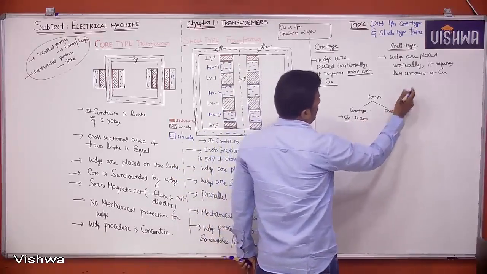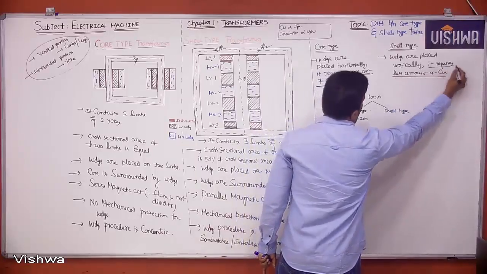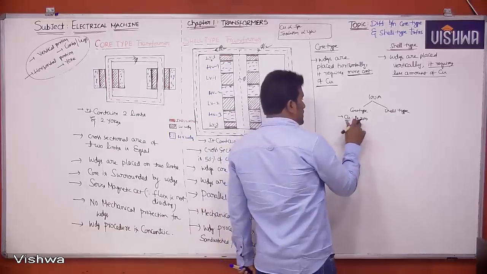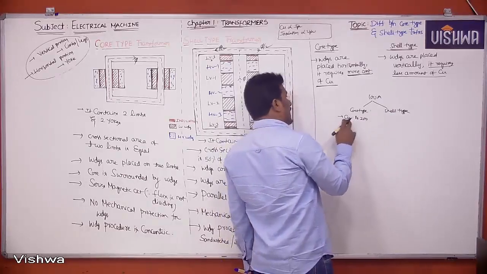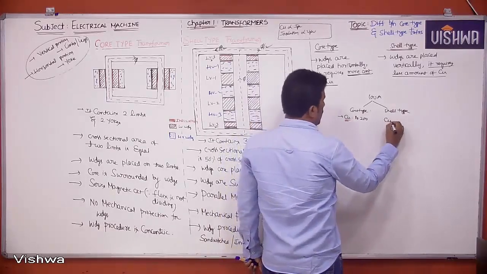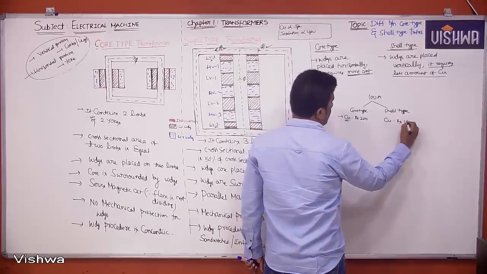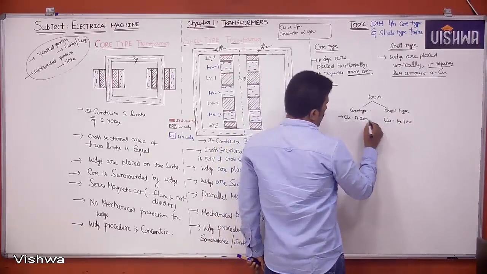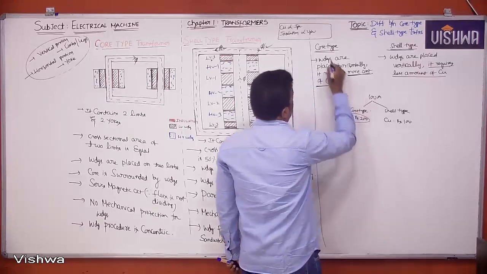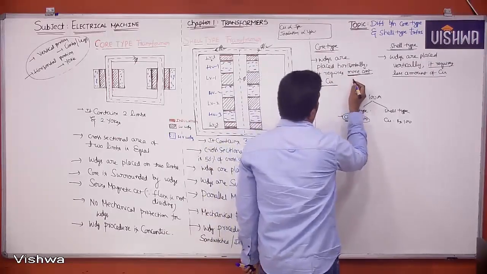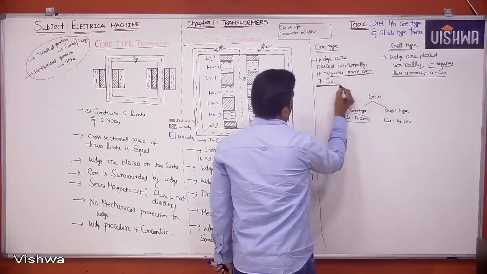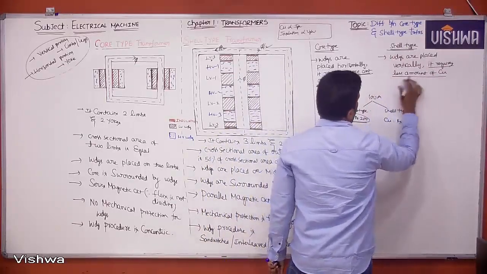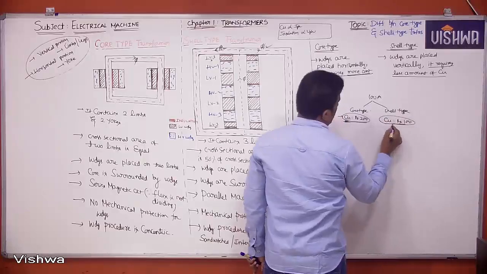Whereas shell type requires less amount of copper, so less money than core type. 100 rupees is less than 200 rupees. So this is the conclusion. Core type requires more amount of copper, more amount of money. Shell type, less amount of copper, less amount of money.